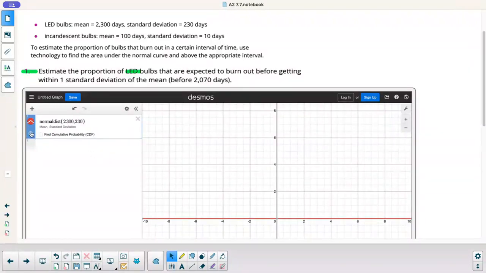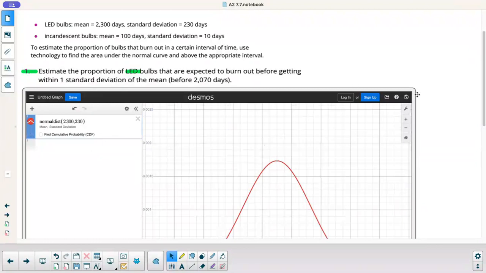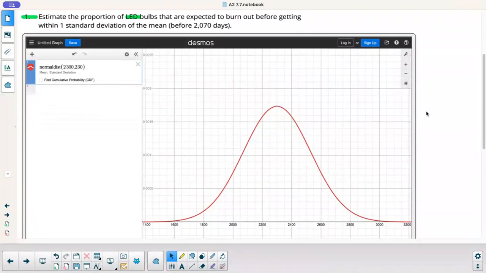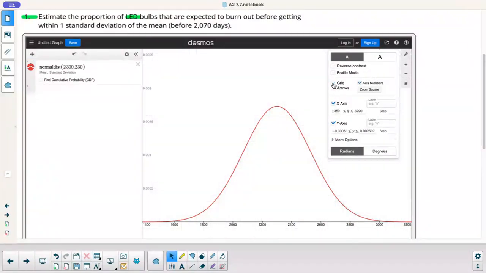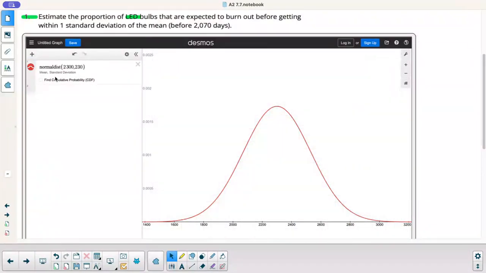So if I hit this little plus sign here, that'll zoom fit, which is awesome. There it is. And I really don't need these grid lines, so I'm going to turn my grid off. And then it says find cumulative probability. So I hit that button, and it defaults to go from negative infinity to infinity. So it'll highlight the whole thing underneath there.